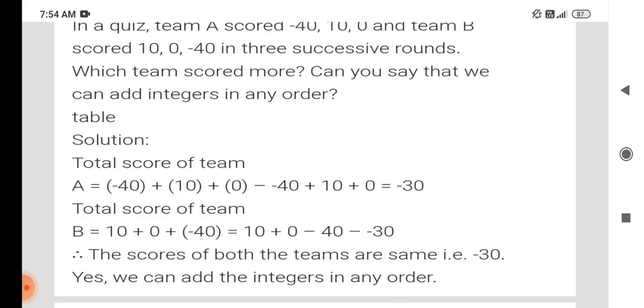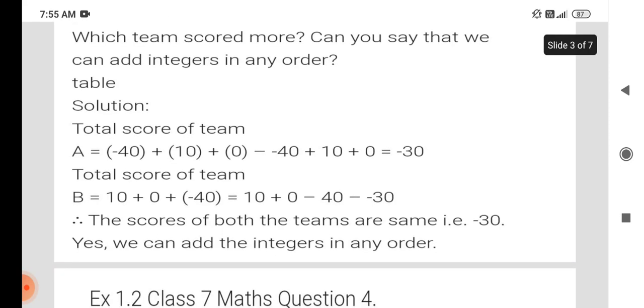So -40 is -40, plus 10 is plus 10, and then we use the method of subtraction of integers. Because here it is plus minus, plus minus is subtract, and then we put the sign of the bigger integer, and the bigger integer is 40, so that's why I put minus here.